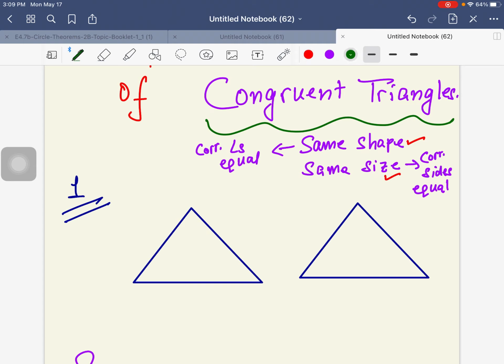congruent triangles. Now this triangle, suppose I call this triangle ABC, and this triangle PQR. Now the first rule is called the triple S rule, or criteria.